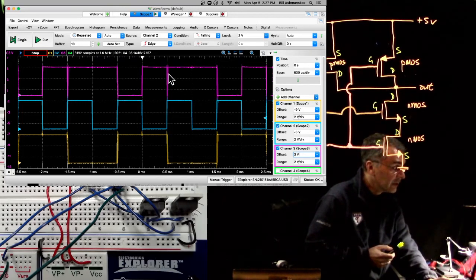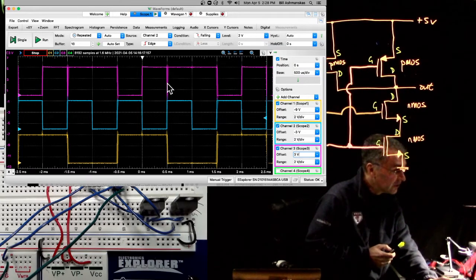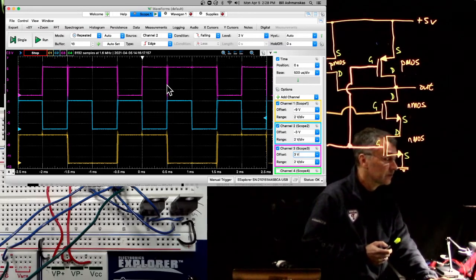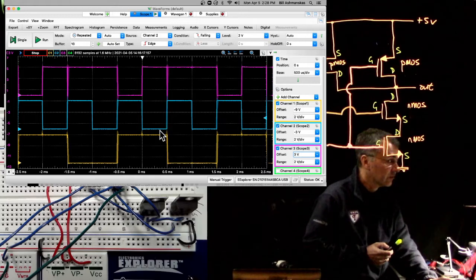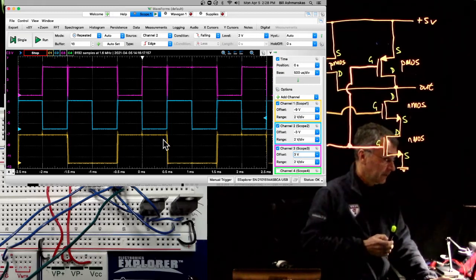It seems like when A goes from high to low and B goes from low to high, there's just an instant where it seems like we're momentarily connected to ground. It seems like to be connected to ground, you have to have A and B both high.